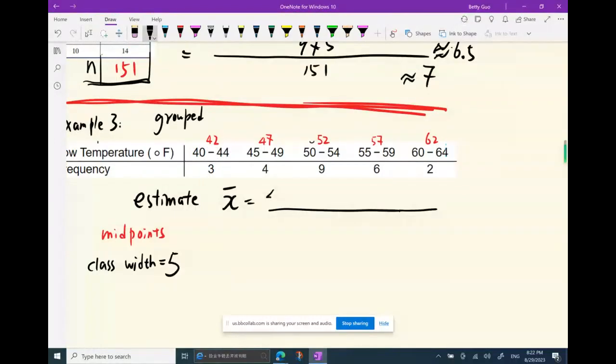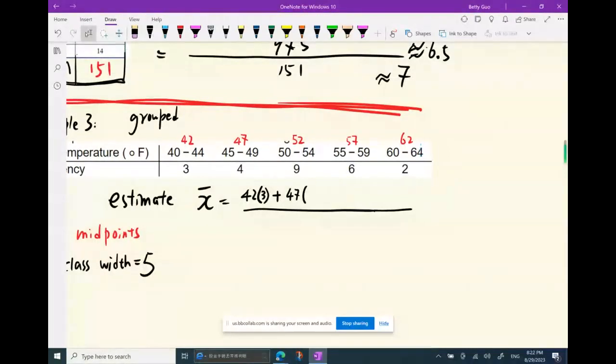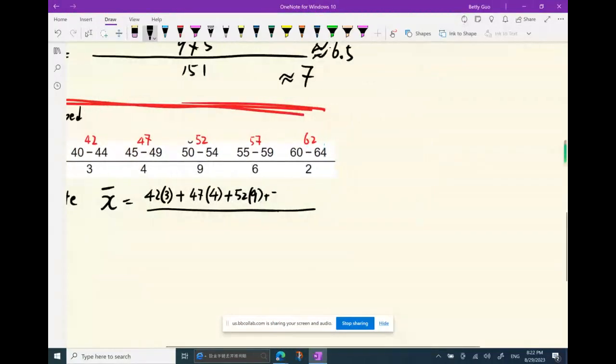The first midpoint is 42, multiplied by the frequency, which is 3, plus the second midpoint of 47 multiplied by its corresponding frequency, which is 4, and then plus the next midpoint times frequency 9, the next midpoint of 57 times frequency 6, the next midpoint of 62 times frequency 2.